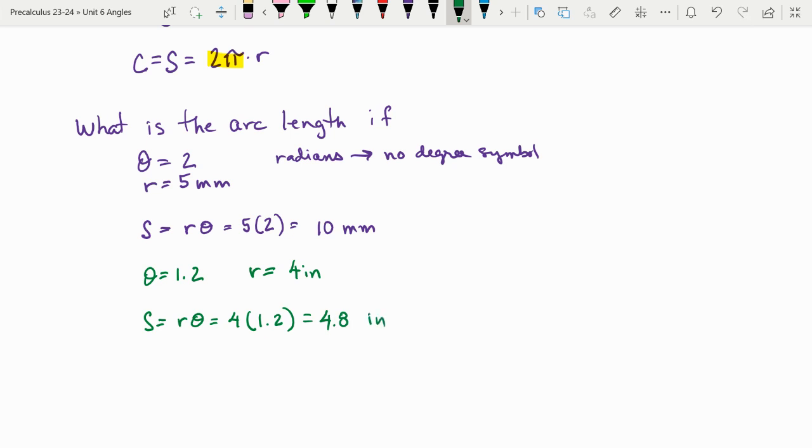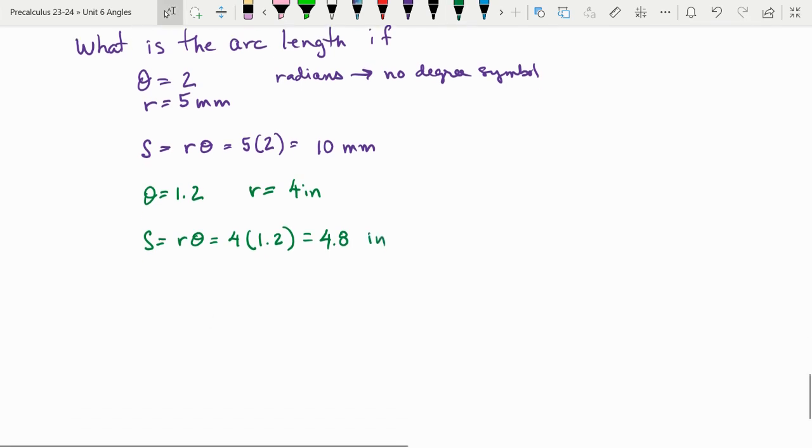Okay, and now let's think about this a little differently. What is the radius? Okay, so if you understand this arc length, I want you to try to figure this one out.